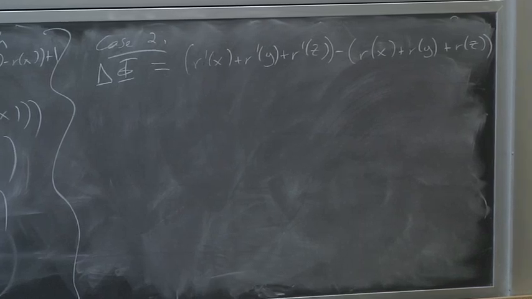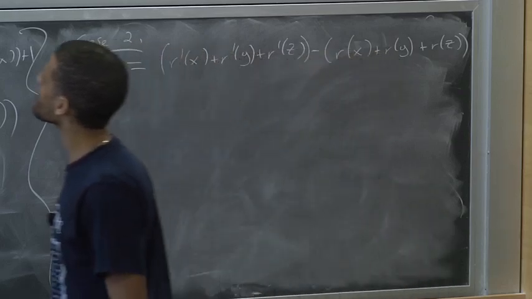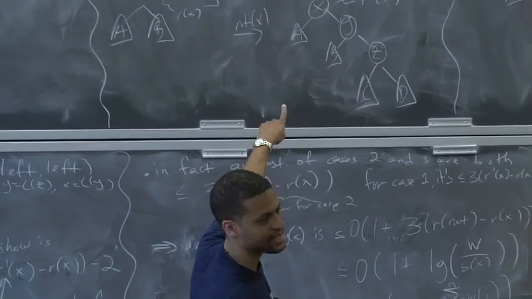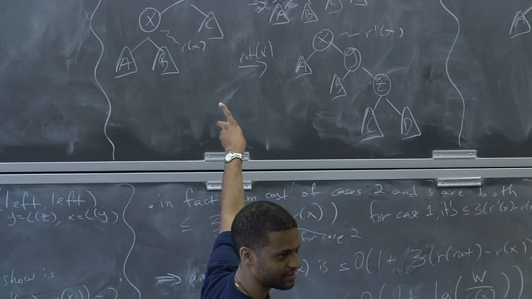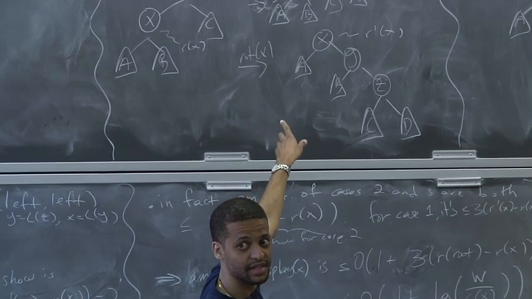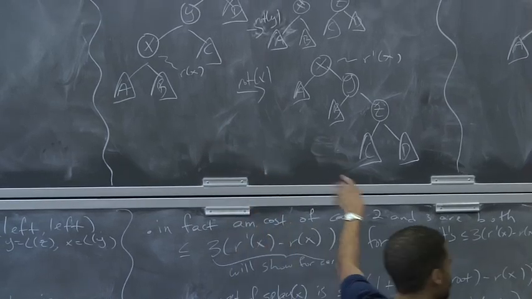Okay, now r prime of x equals r of z. Because the set of items in X's subtree here is the same as the set of items in Z's subtree there.